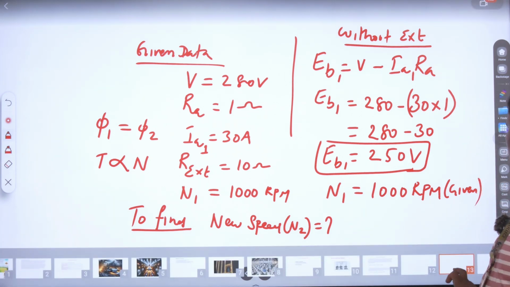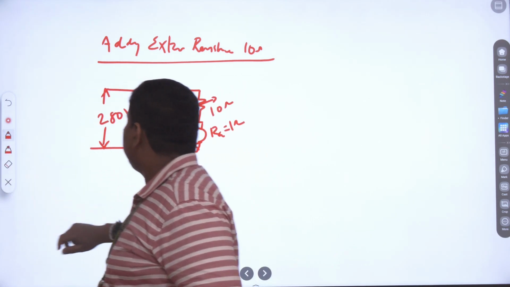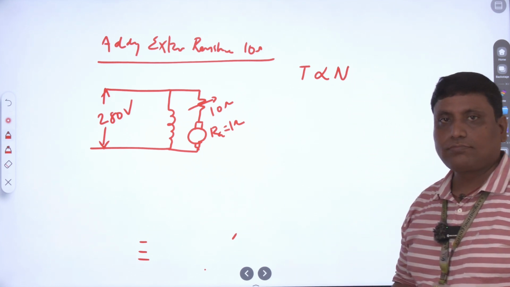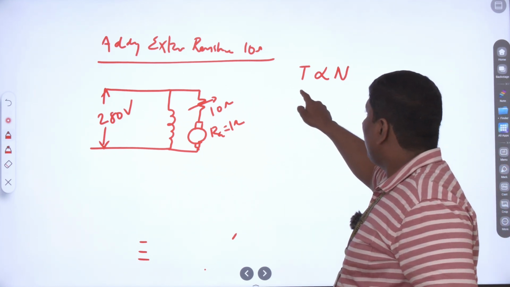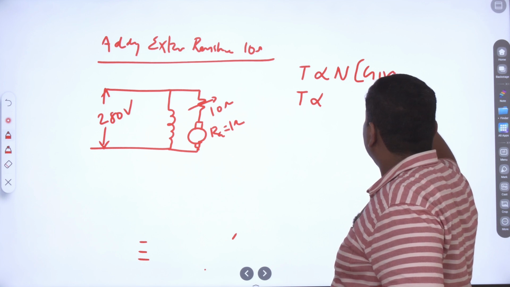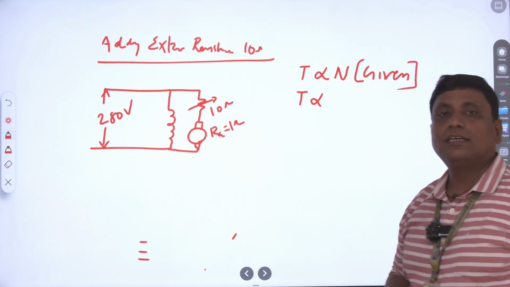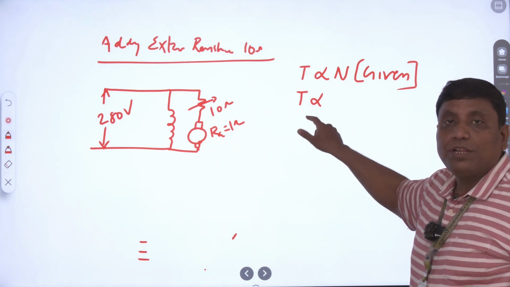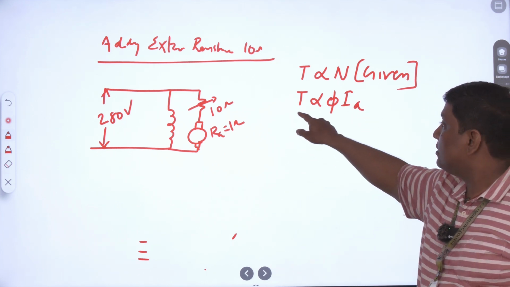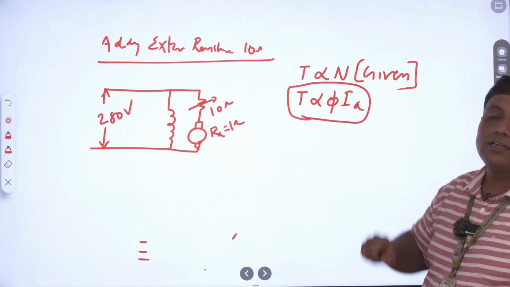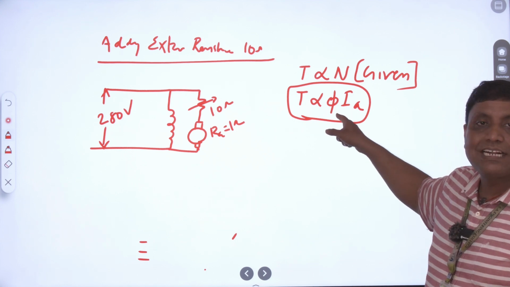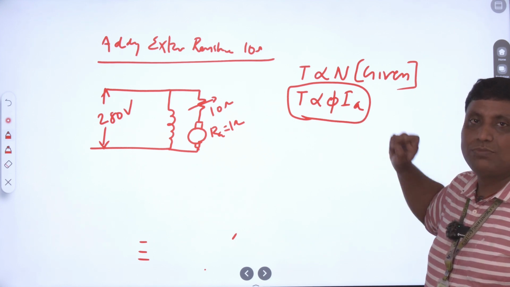Next, they gave the relation T proportional to N. This is given in the problem. But we know very well T is proportional to phi into IA. This is the torque derivation. Based on the torque derivation, the torque is directly proportional to the flux into armature current.